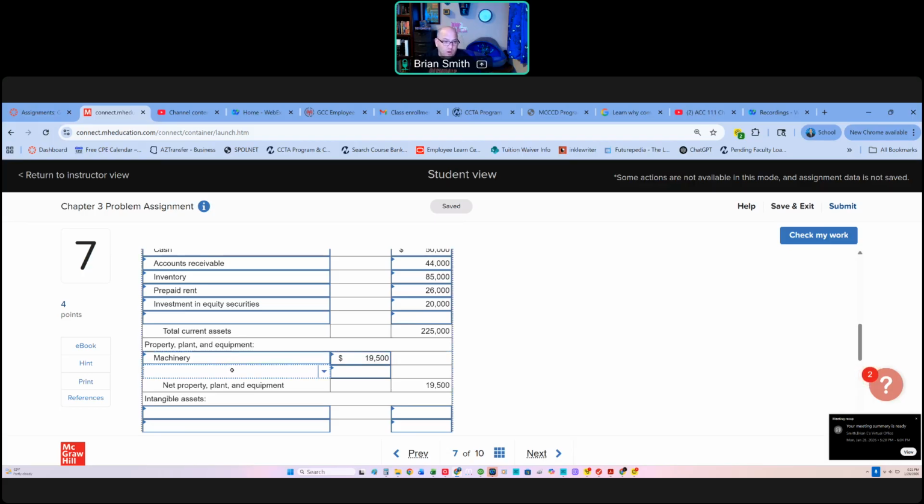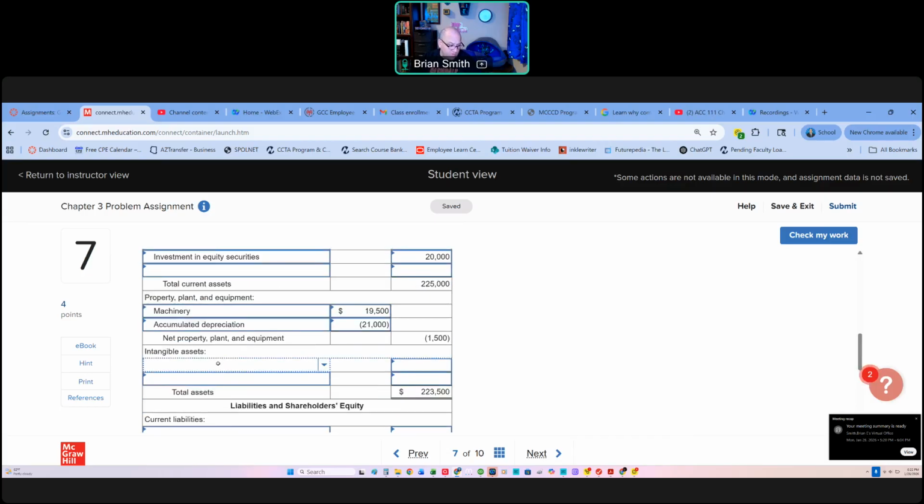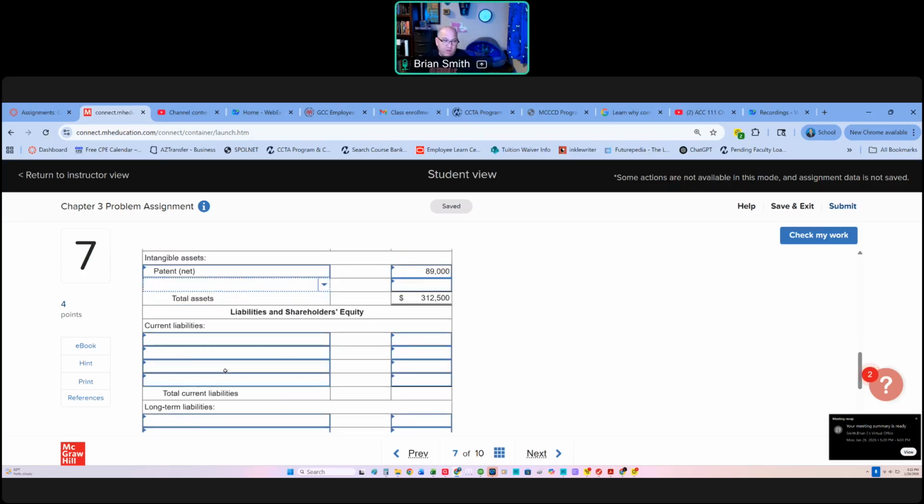I think we want to put our accumulated depreciation here. There it is. And we're going to put that as a negative amount. We've got intangibles, so we have a patent. And that looks like it. Patent was 89,000. So we have total assets of 312,500.